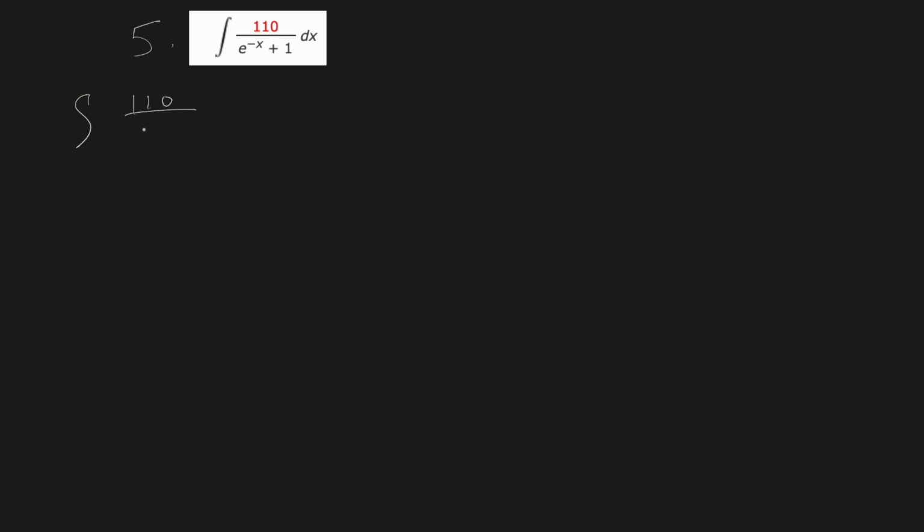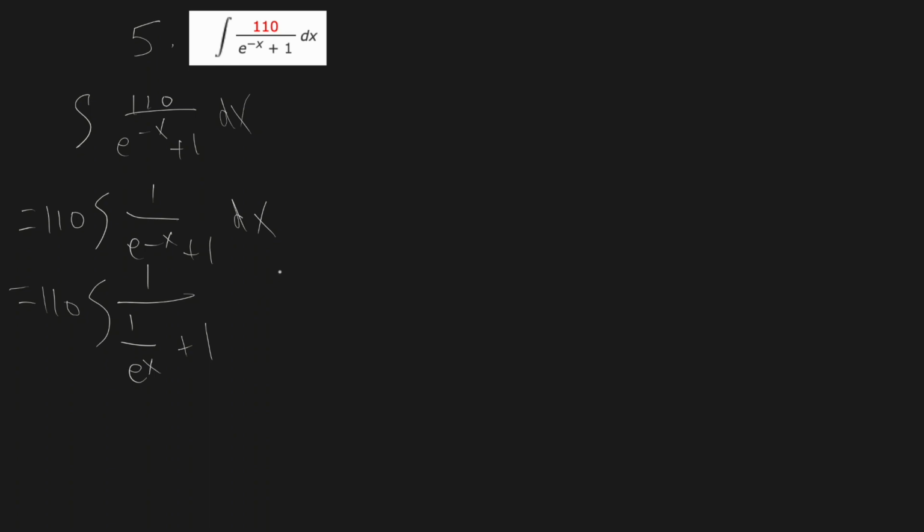We've got the integral of 110 divided by e to the negative x plus 1 dx. As our first step, let's bring the 110 outside of the integral. Now this may look a little intimidating, but let's write e to the negative x for what it actually is: 1 over e to the x plus 1.